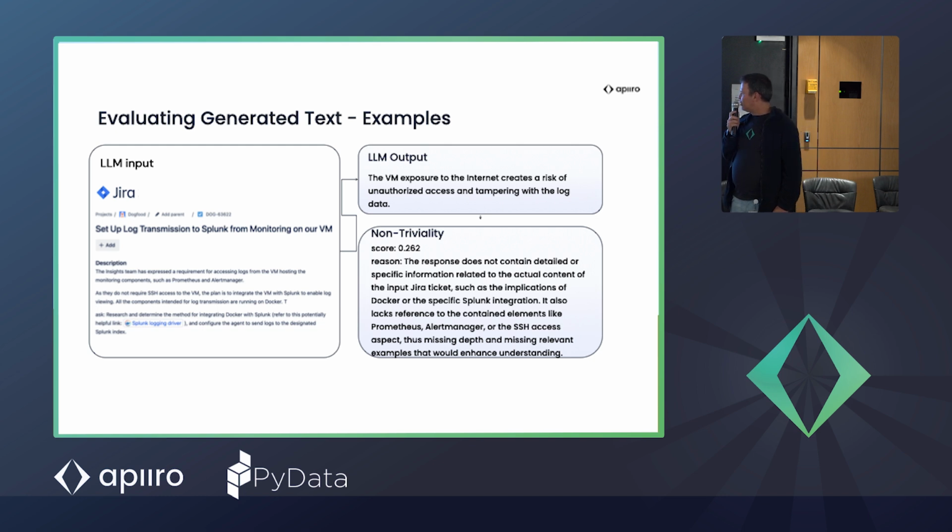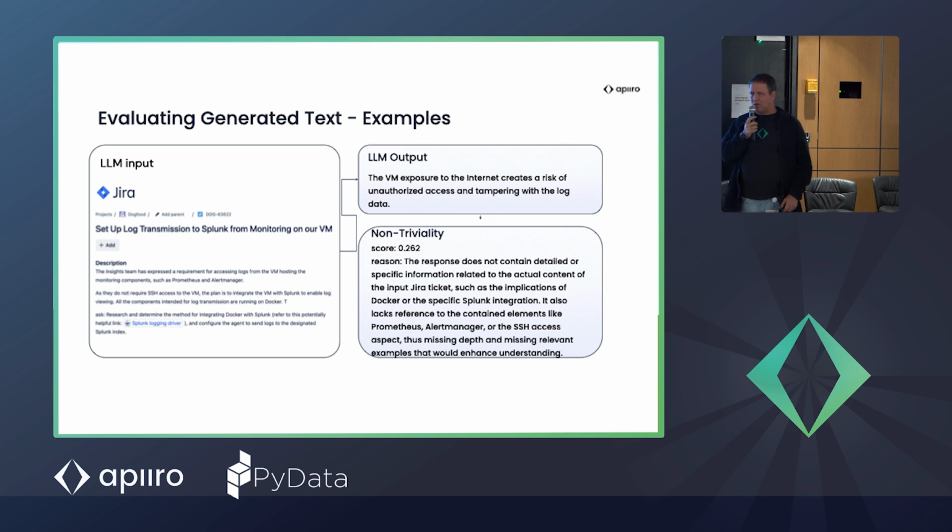The LLM output, which is what you need to evaluate, was: "The VM exposure to the internet creates a risk of unauthorized access and tampering with the log data." Then I give all this to the evaluator. In this case, I gave it to the metric called non-triviality, which you saw the definition of before.